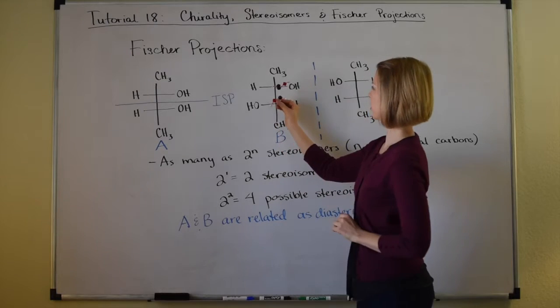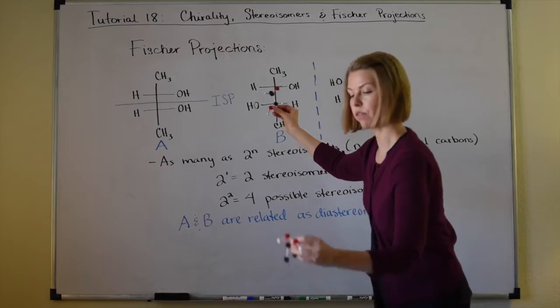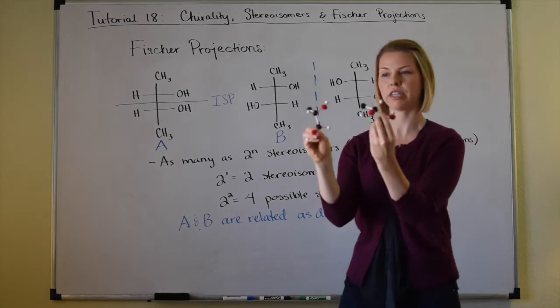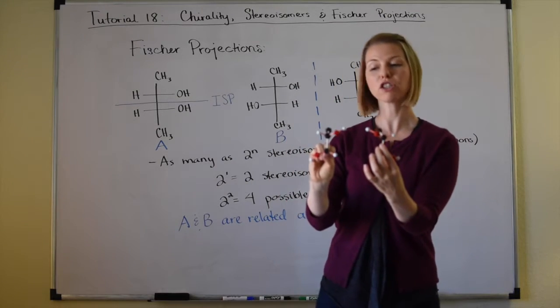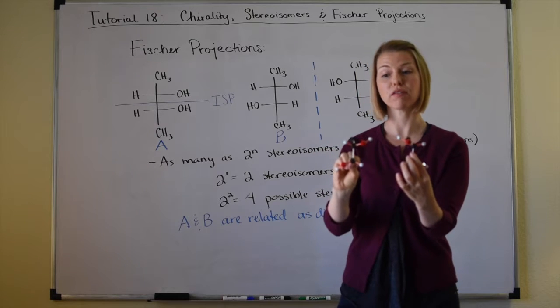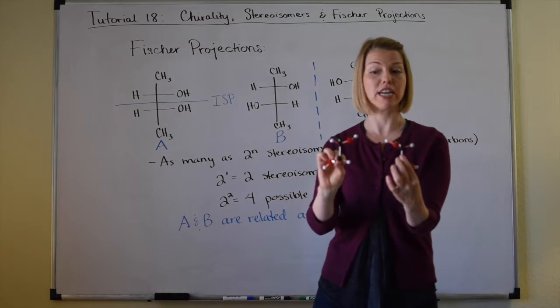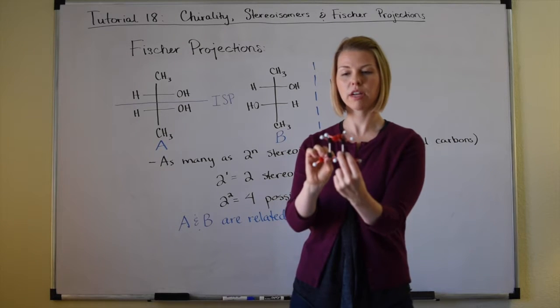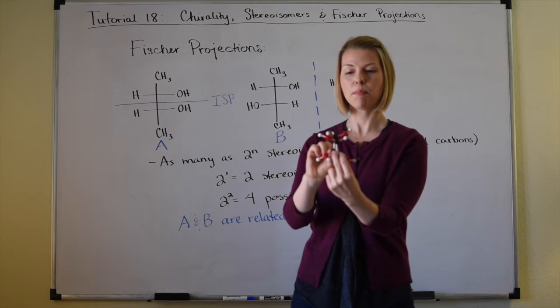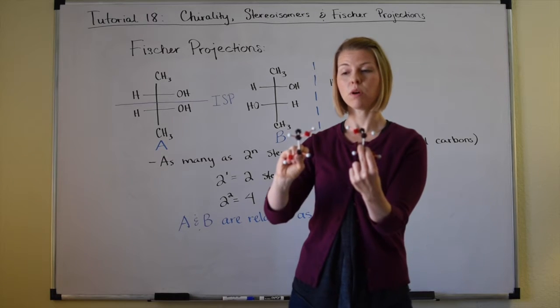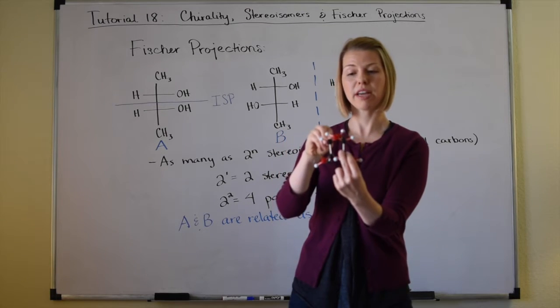So here's this molecule. And then over here, I have the other. I'm going to hold these a little bit closer here. All right. So let's try to superimpose these and just prove to ourselves that these are not identical, but they are non-superimposable mirror image forms, which are enantiomers. Well, if I try to do it this way, obviously my OHs are on the wrong side. Okay, they don't line up. Well, what if I flip it this way? And then try again.